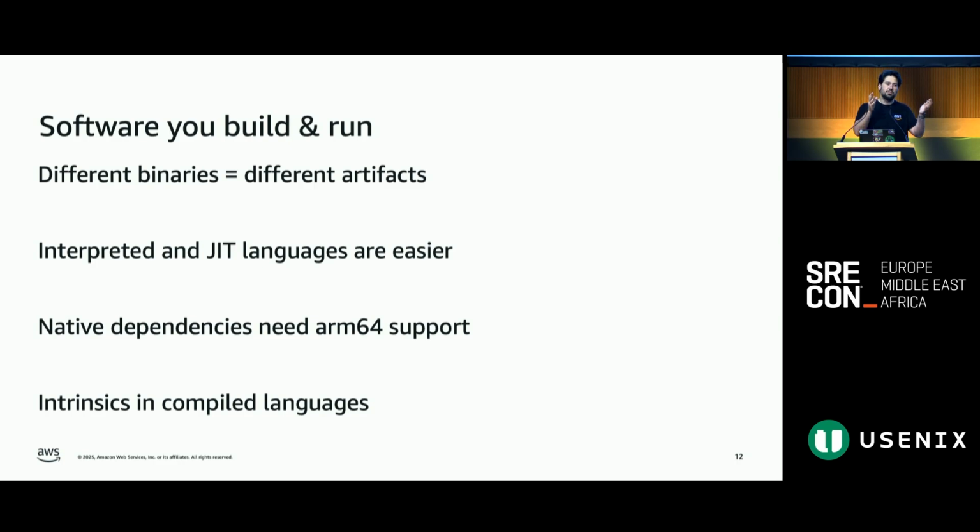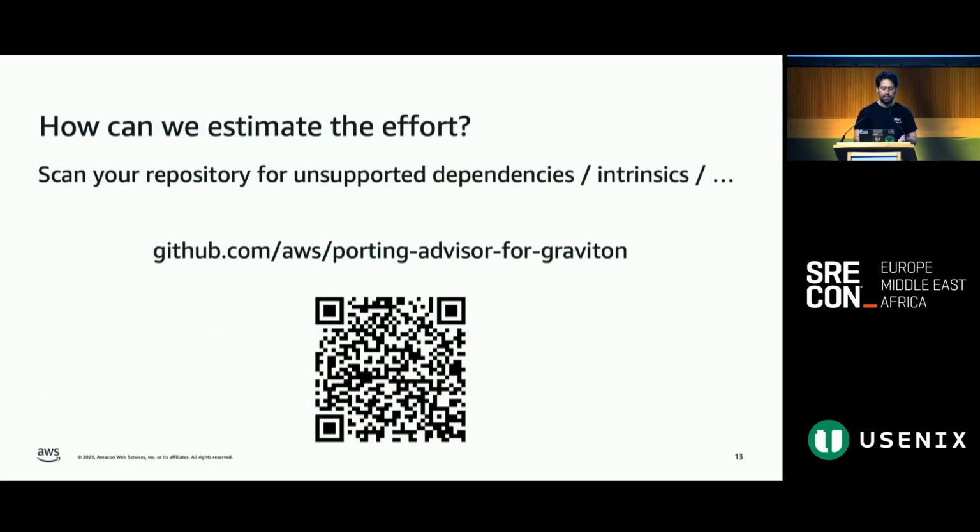If you're using JNI, you can find a shared library inside your jar. So you might also want to check for these. And the obvious question is how can we estimate how much work this is going to take? Like, okay, we have lots of Python projects with lots of dependencies, with lots of versions. We have lots of Java projects.